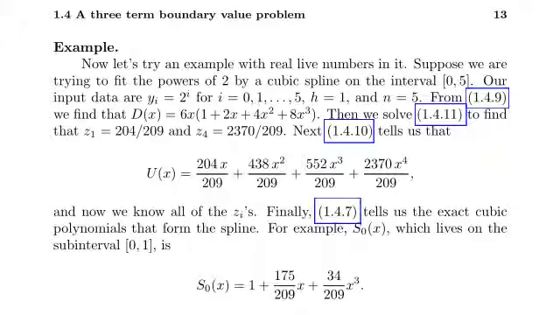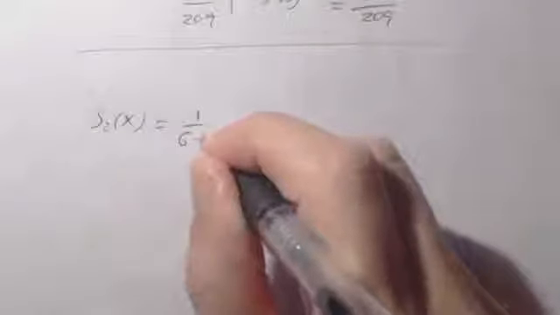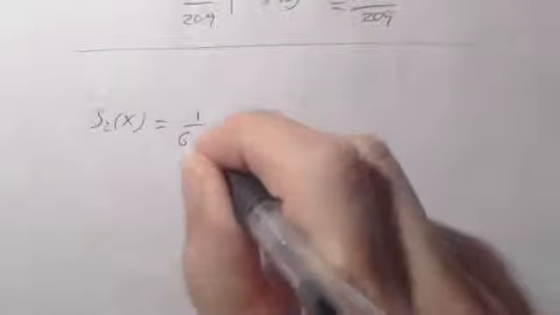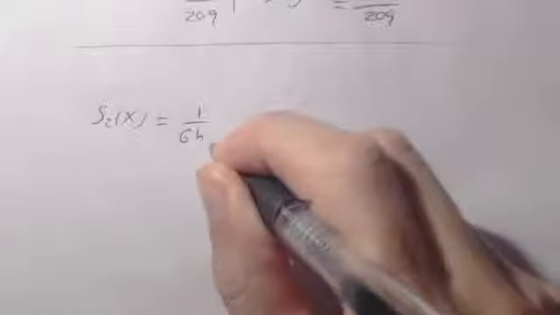Right, so what was the formula for Si? Let's see what these look like. Si(x) equals 1 over 6h, h is 1. I'll just write this out like this first.